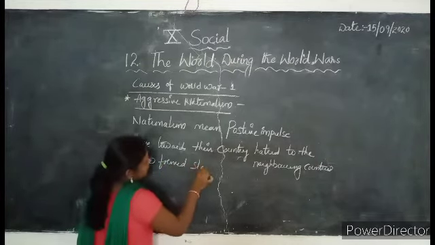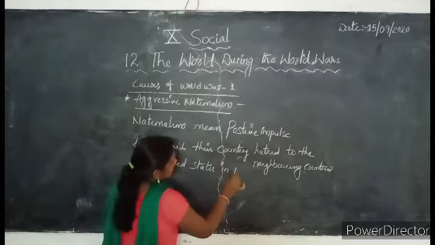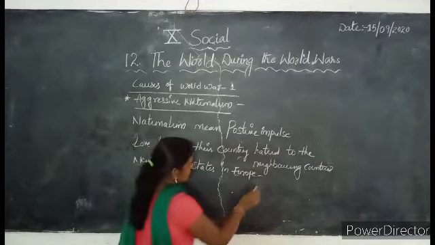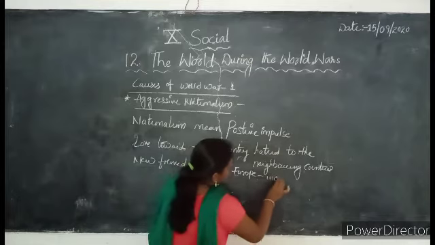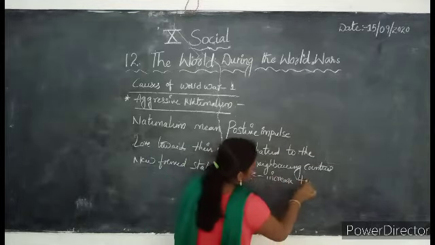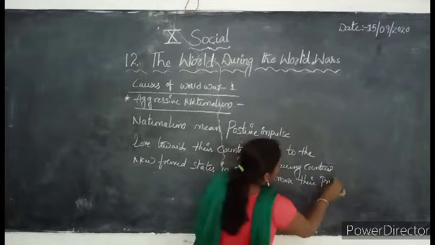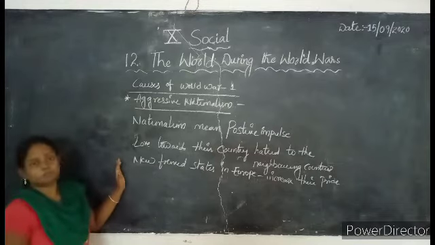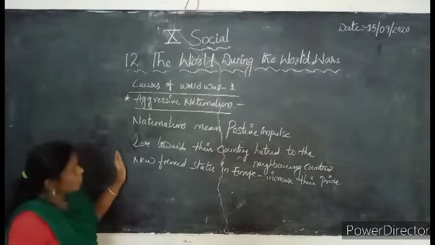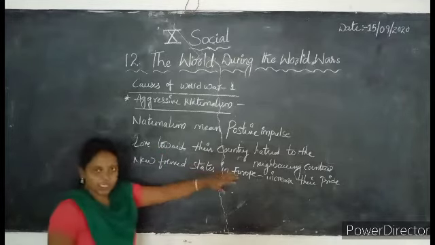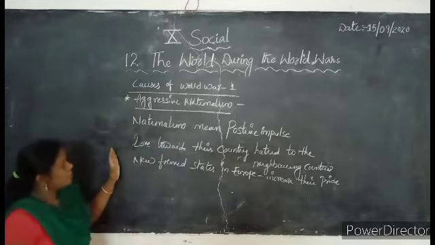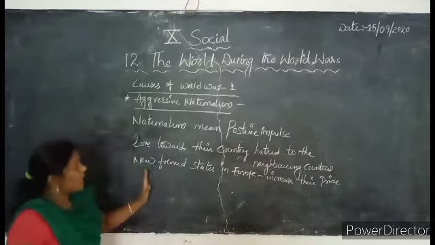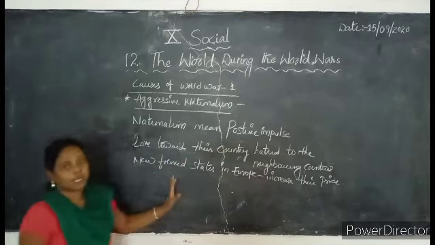So the newly formed states in Europe want to increase their pride. What is the meaning of pride? Making their country more powerful, or showing love towards their country by achieving great things, we can say it is pride. So the newly formed states in Europe wanted to increase their pride towards their country and started hating the neighboring countries.